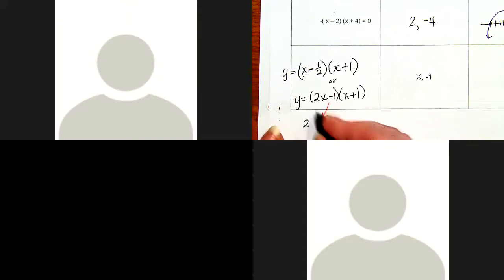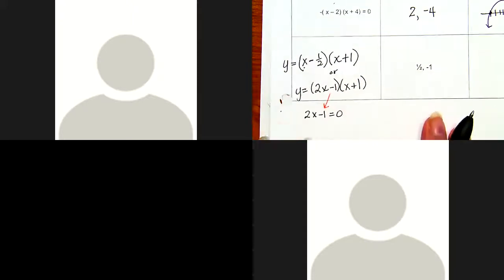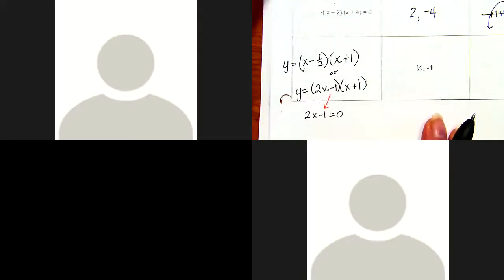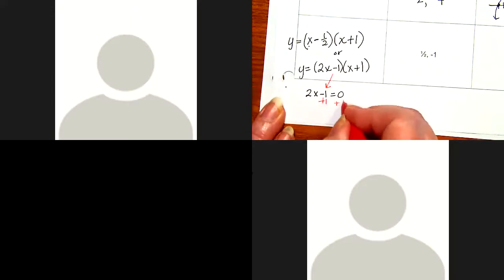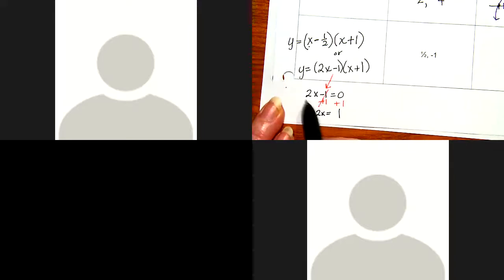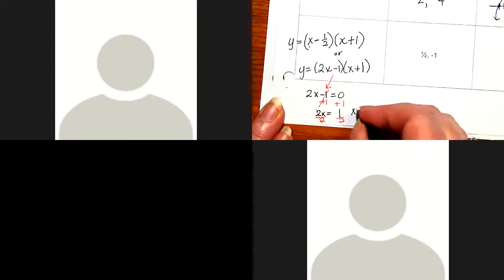But for this one, I'm going to have to split it off and solve it. So I'm going to prove that this is the same thing. Positive 1, plus 1, then that eliminates the 1, and then the 2x comes down, equals 0 plus 1, divided by 2. And so what do I get? x equals 1/2.